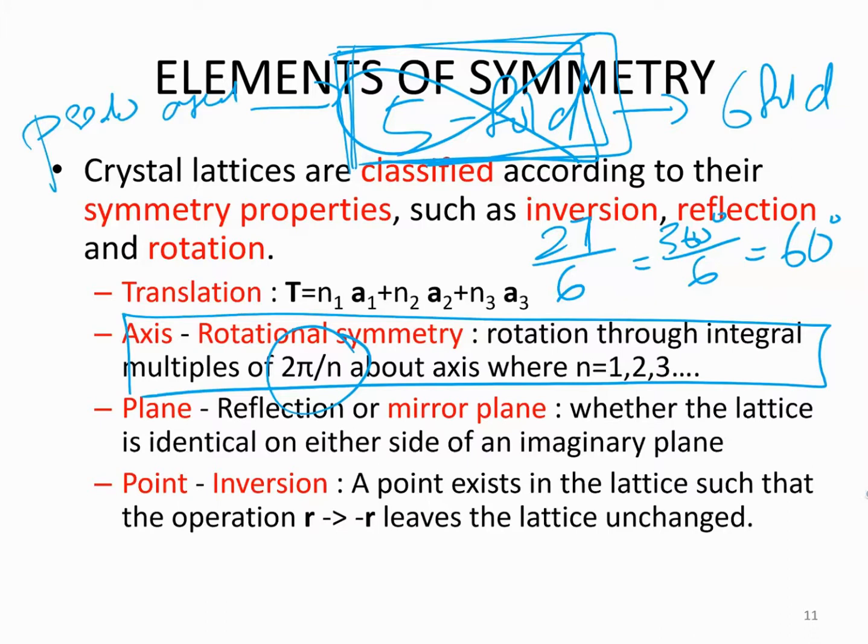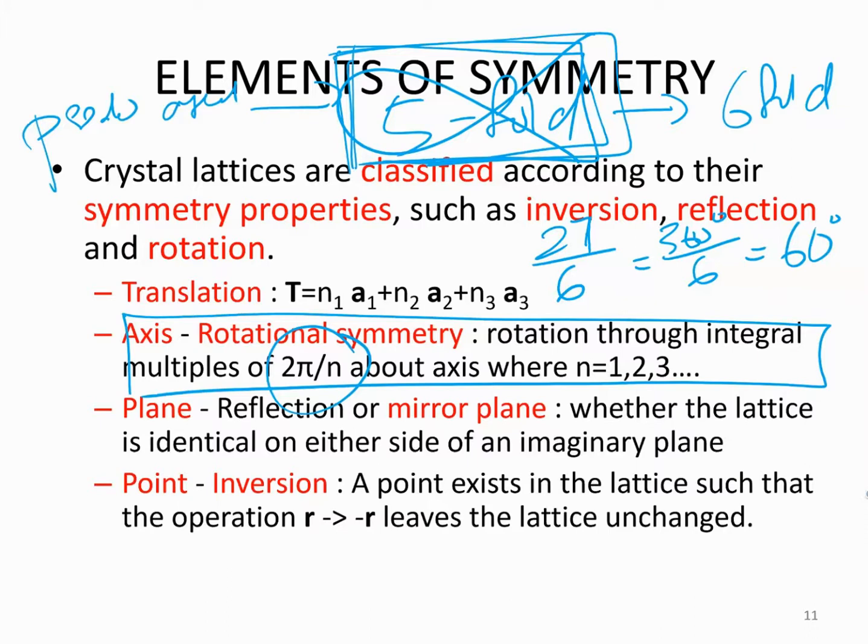Because this is a very big discovery. In our mindset, we have proven using mathematics and many ways that there's no 5-fold, and in our 230 space groups, there's also no 5-fold axis. But this scientist successfully proved that there's 5-fold symmetry axis in the pseudo crystal, and eventually he was awarded the Nobel Prize.